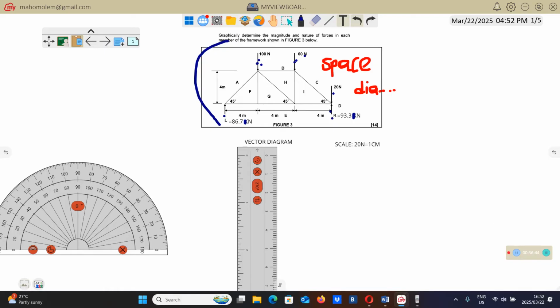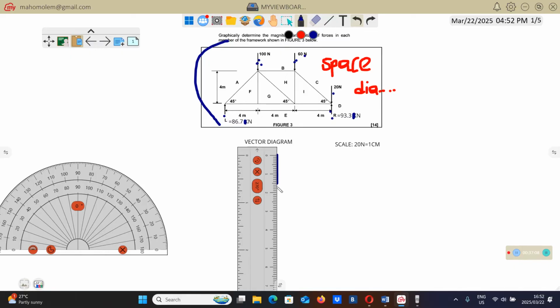Right. So in this case, 1 centimeter, meaning from here to there, is going to represent 20 Newton.